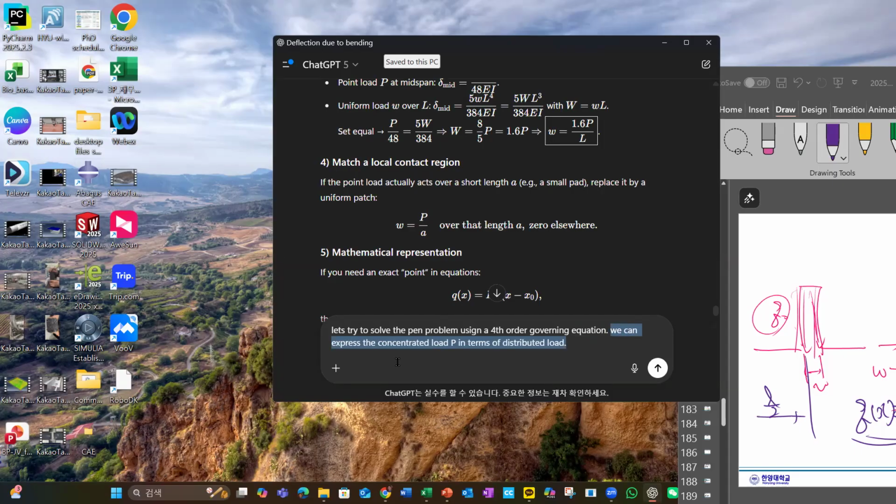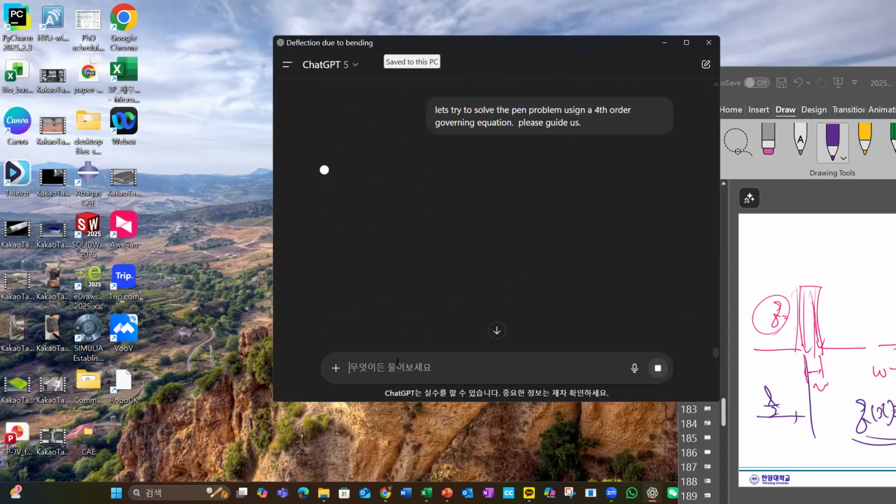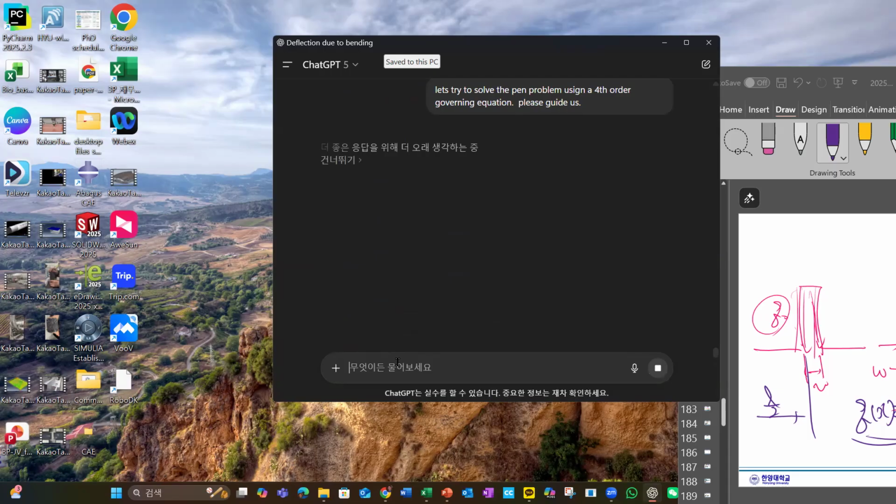We don't need to teach AI how to solve it. Let's say, please guide us, try to solve the beam problem using fourth order equation. Then it will say delta function and so on.